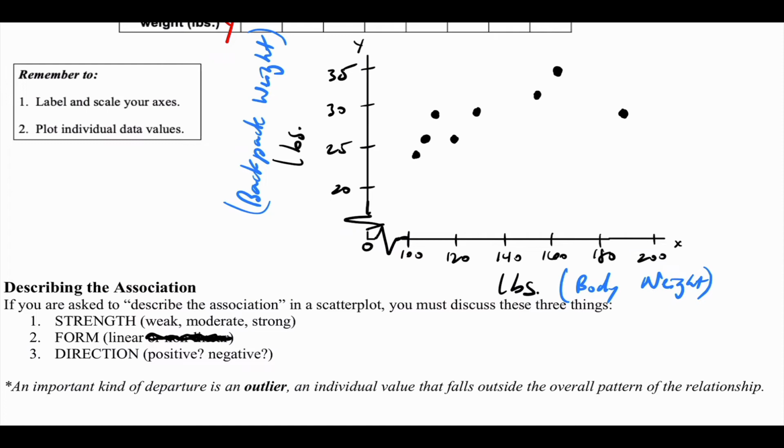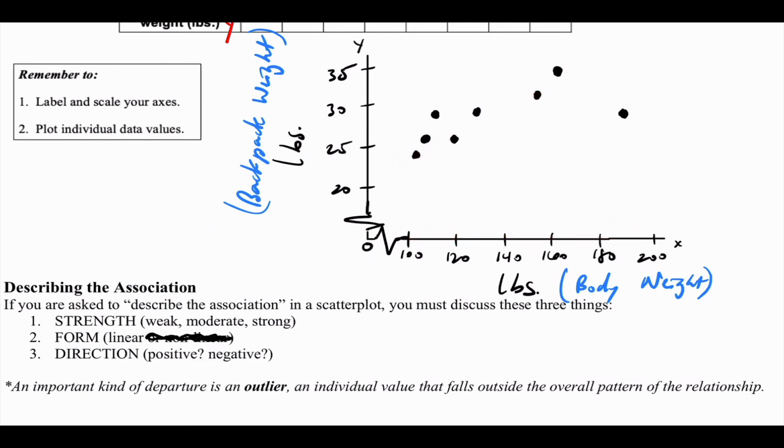Moderate is like decent confidence, somewhere in the middle. Strong means super confident. Every dot's doing the same thing. Every dot's doing what they should be. As body weight gets bigger, every dot's doing what they're supposed to be doing, going up.